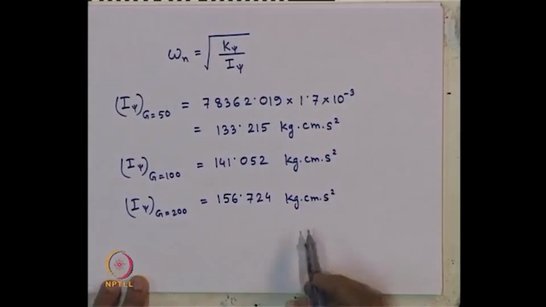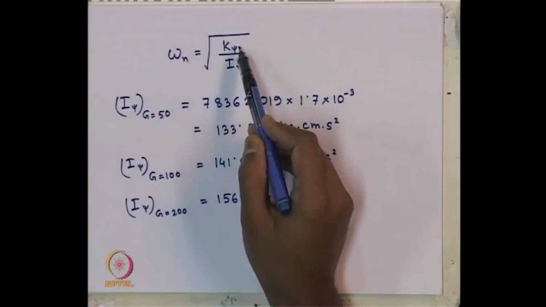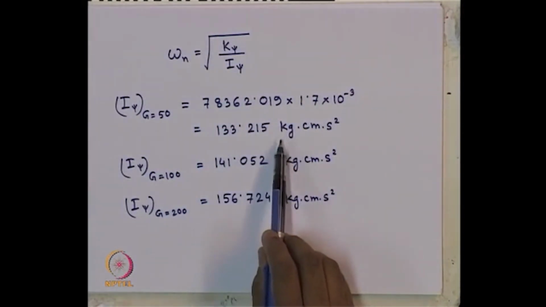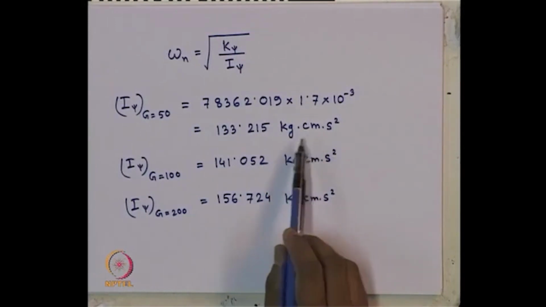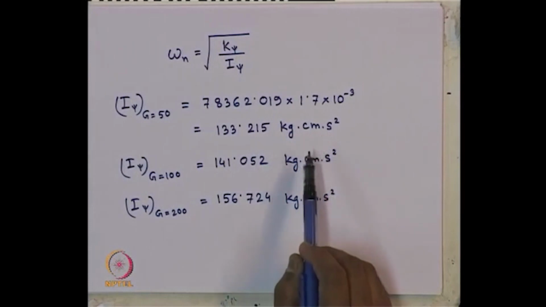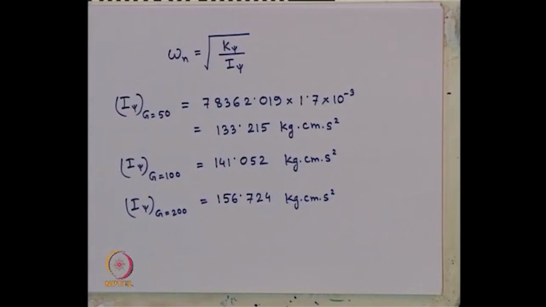Now, if you want to cross check, the unit of omega n should be cycles per second or radian per second. Now, you put here kg centimeter as the unit of K psi, and for I psi you are getting the unit of kg centimeter second square. So, kg centimeter gets cancelled, 1 by second square, root of that is 1 by second, which is nothing but radian per second or cycles per second.